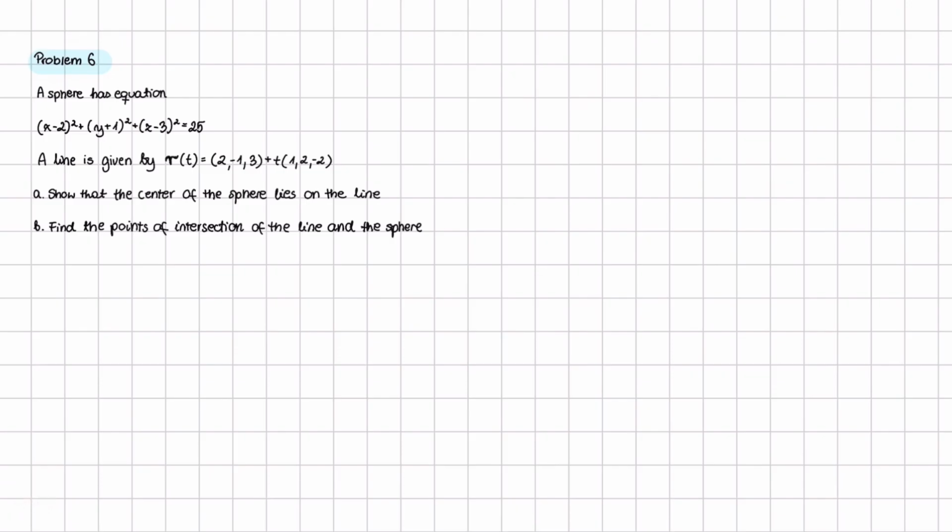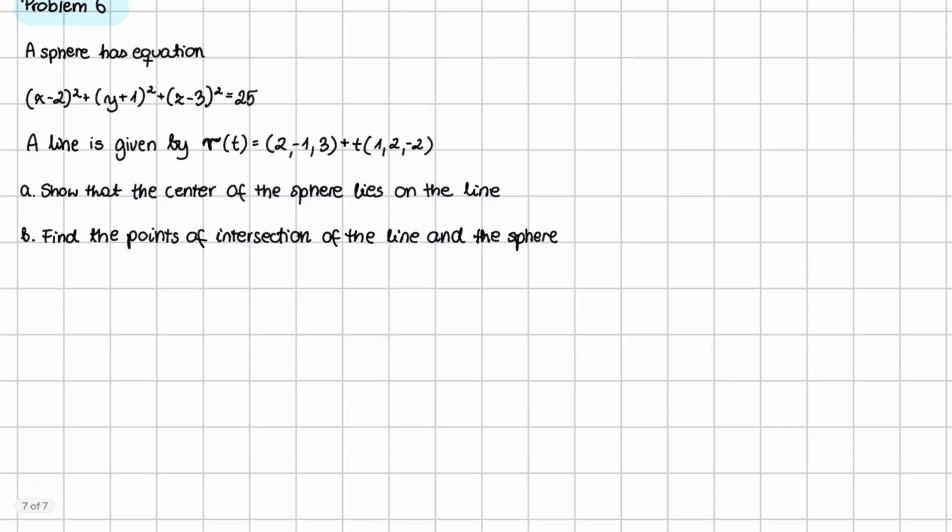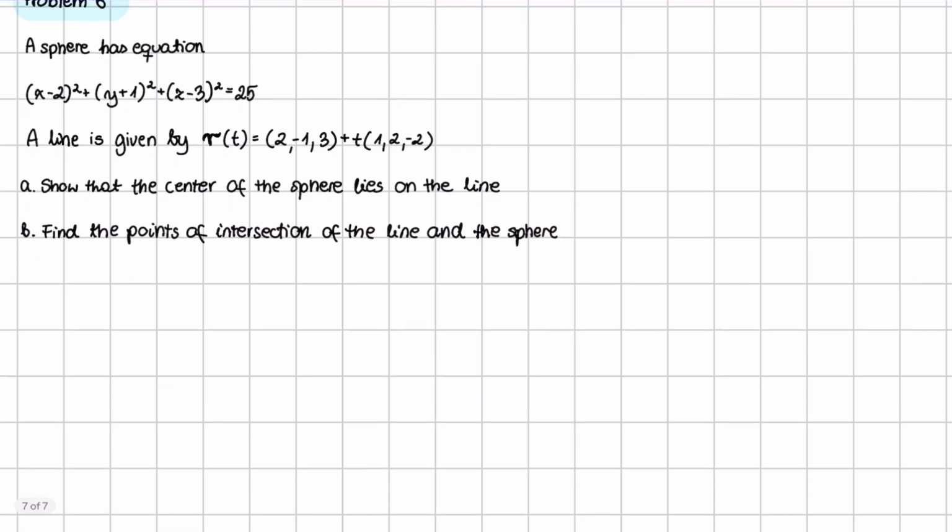Problem 6. A sphere has equation, and we are given this equation. A line is given by r, and we are given this equation. A: show that the center of the sphere lies on the line. So firstly, let's say what these brackets mean. The first one is our starting point, and the second bracket is the direction vector.